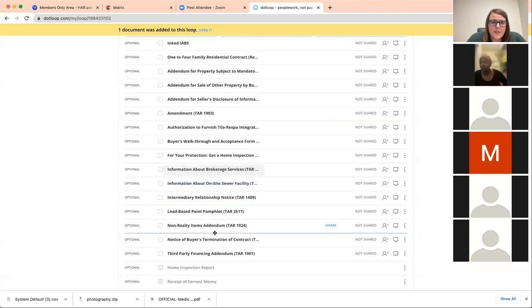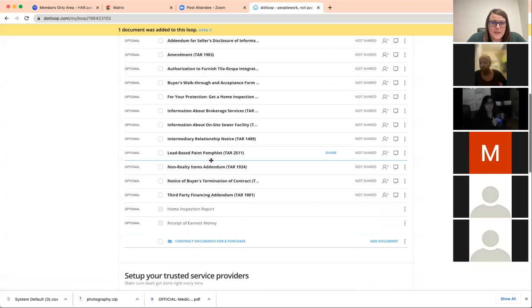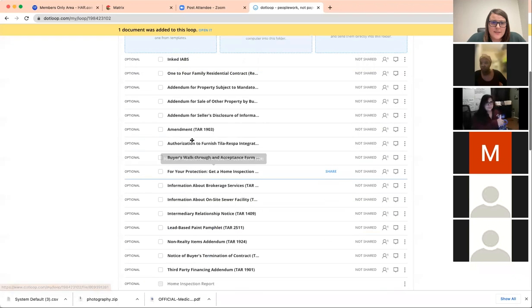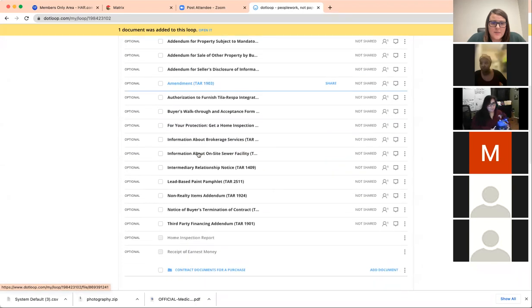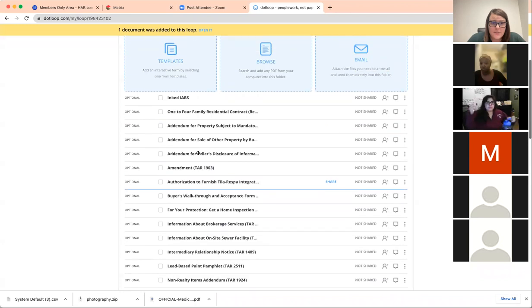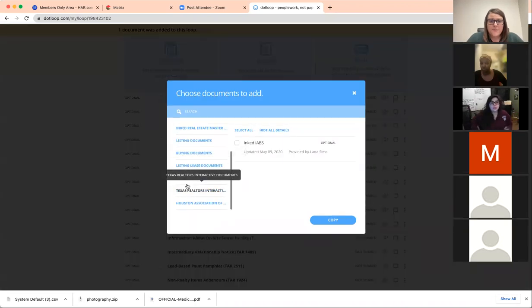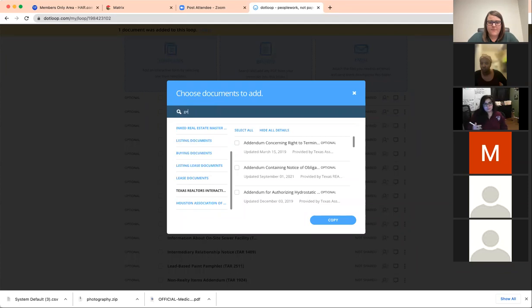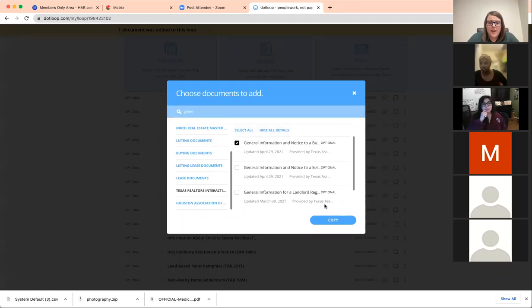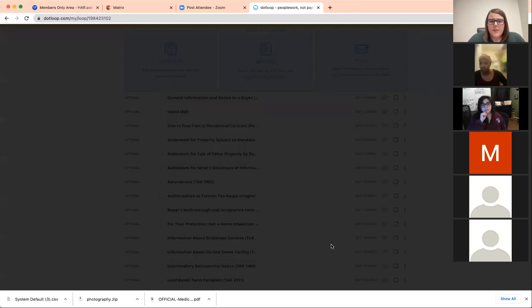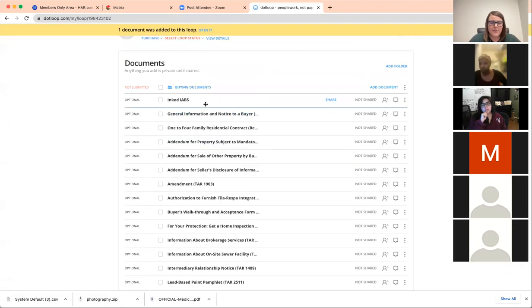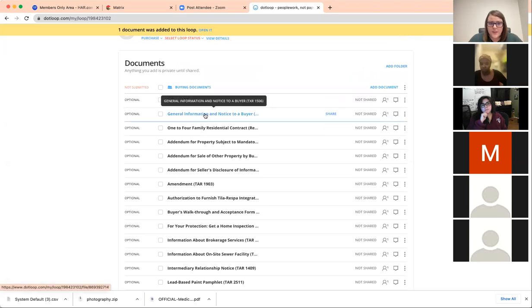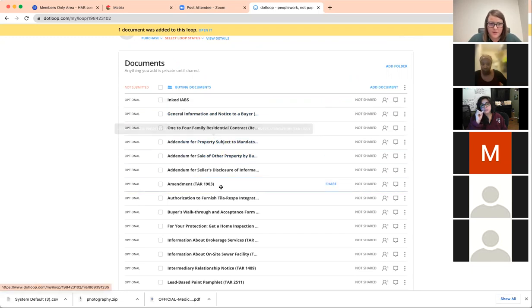And the other one is the general notice, which I am so glad we're doing this through this because it's not in here either, which I don't know why that is. So I also require the general information and notice to buyer. Now we're going to go through actual addendums and these documents tomorrow. But know that these two are required from the brokerage.